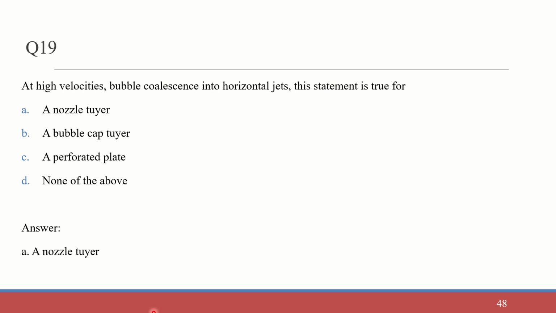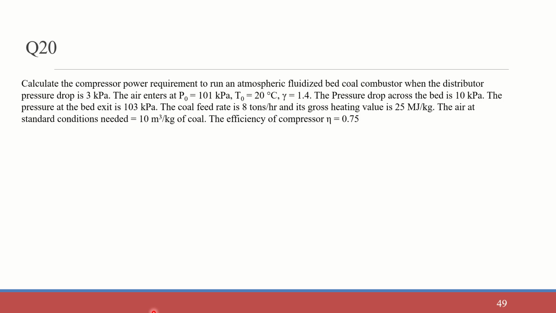Now the last question for today's session. Calculate the compressor power requirement to run an atmospheric fluidized bed coal combustor when the distributor pressure drop is 3 kilopascal. Air enters at 101 kilopascal and 20 degrees Celsius. Gamma is 1.4. Pressure drop across the bed is 10 kilopascal.